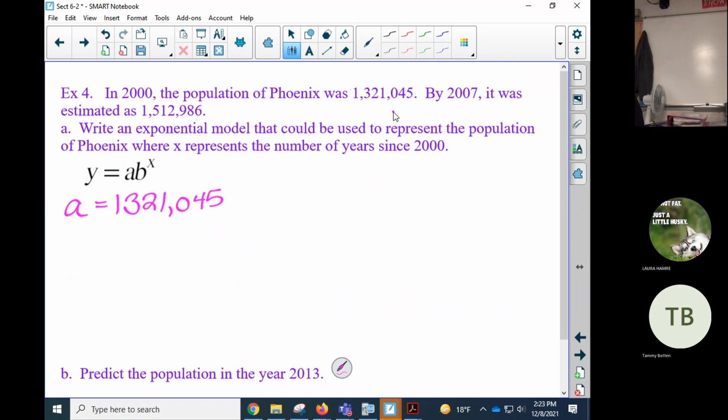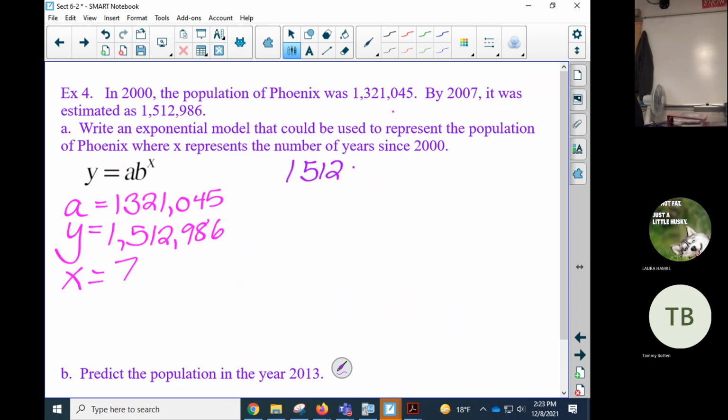By 2007, our population was 1,512,986, so that is our Y. Okay, and how many years was it from here to here? 7. So that is our x. All right. So when I do this, y is 1,512,986. My a is 1,321,045. My b is what I'm looking for, and it's to the 7.